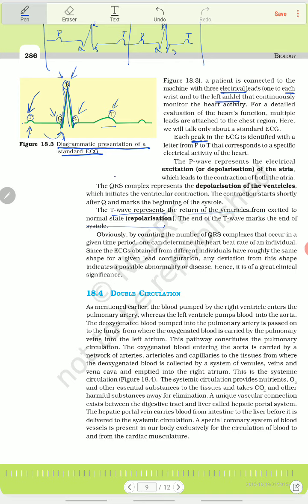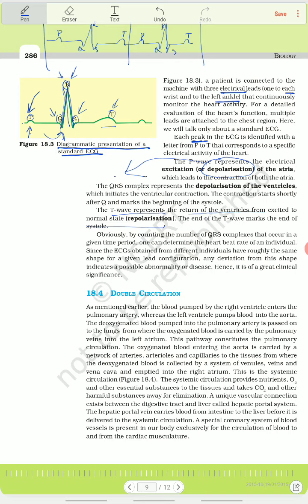So the excited state is depolarization, that is the systolic state. Depolarization is the state when the heart muscle, either the auricular part or the ventricular part, is contracting.